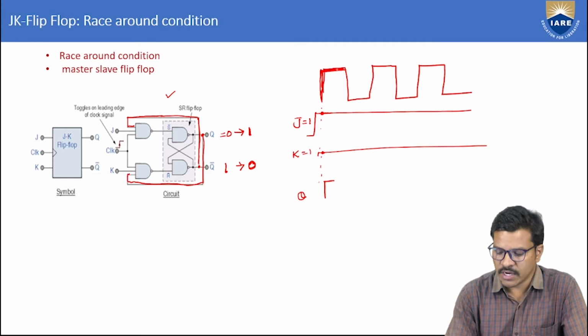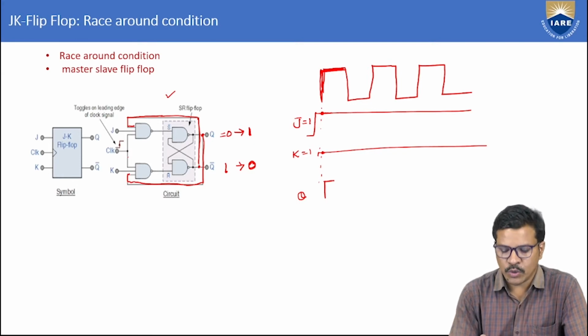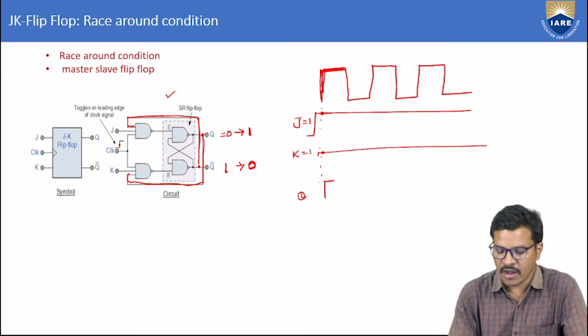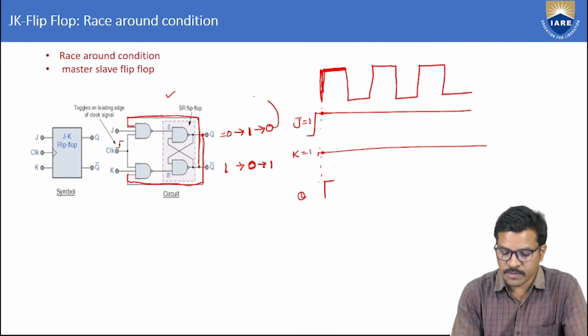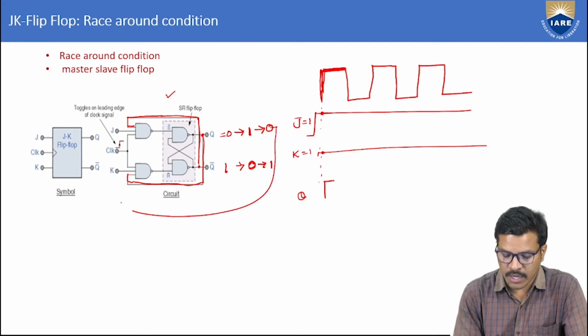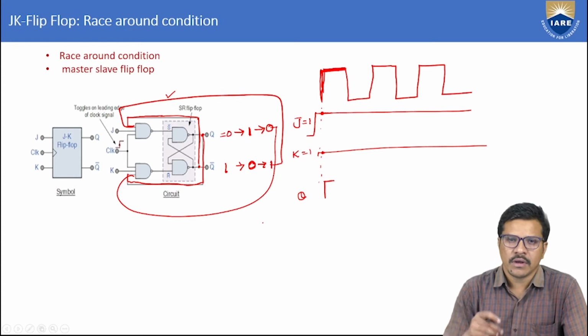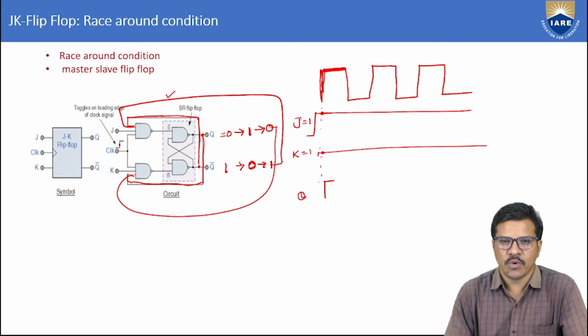So again the toggle feeds back to the input, passes through the gated JK flip-flop, and 1 becomes 0 and 0 becomes 1. While the clock pulse is still high, this 0 goes back to K and 1 goes back to J, which makes the output race around and around, toggling between 0 and 1.